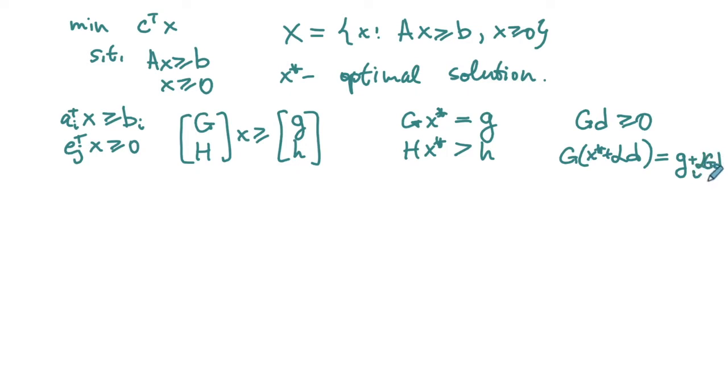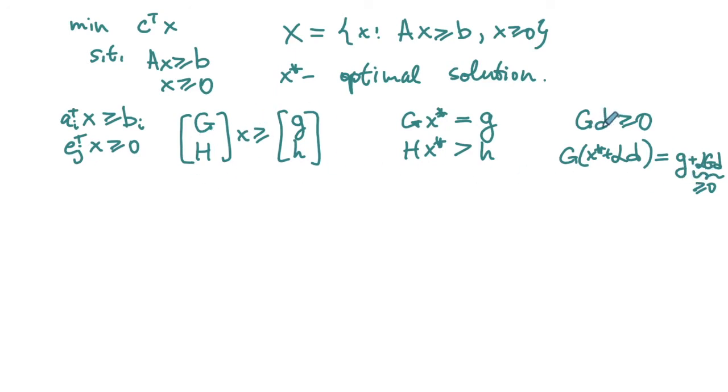And this is going to be greater than or equal to g small, because Gd is greater than or equal to 0 and alpha is the positive step size. So this will ensure that the inequalities in this system are still satisfied.